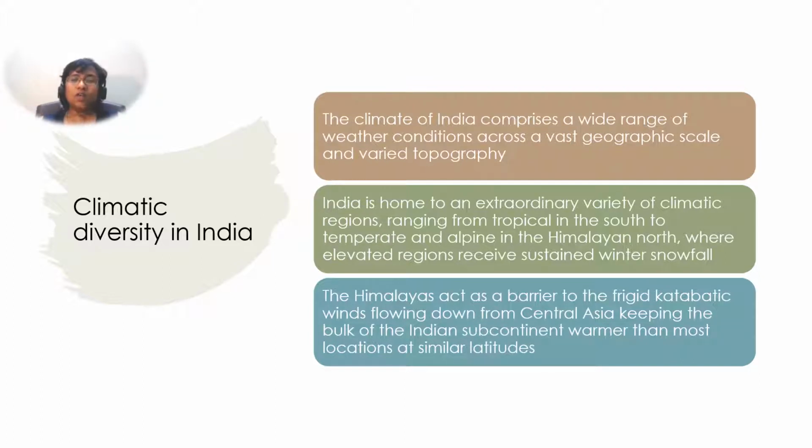Taking a cursory look at the wide range of conditions and trying to find out the reason for this kind of variety in weather conditions, we can point out that it is because of the differences in the topography. India is the seventh largest country in the world, and as such, the geographical scale of this entire subcontinent is huge.